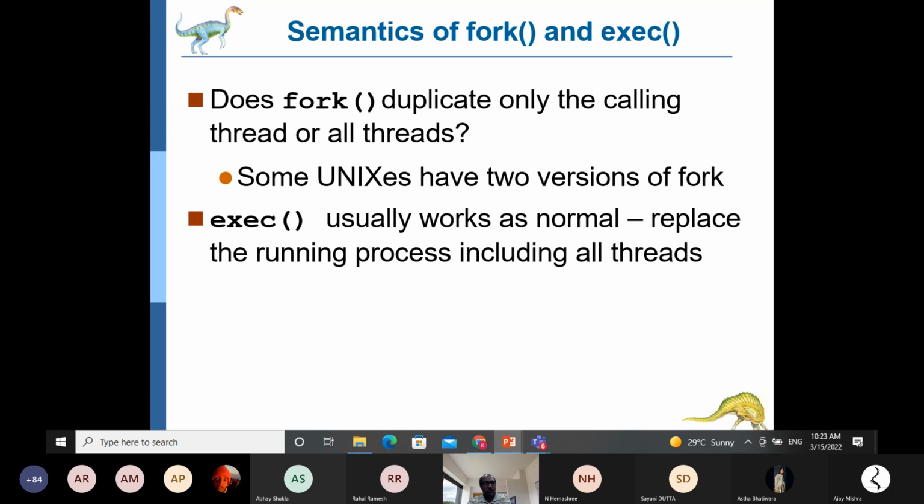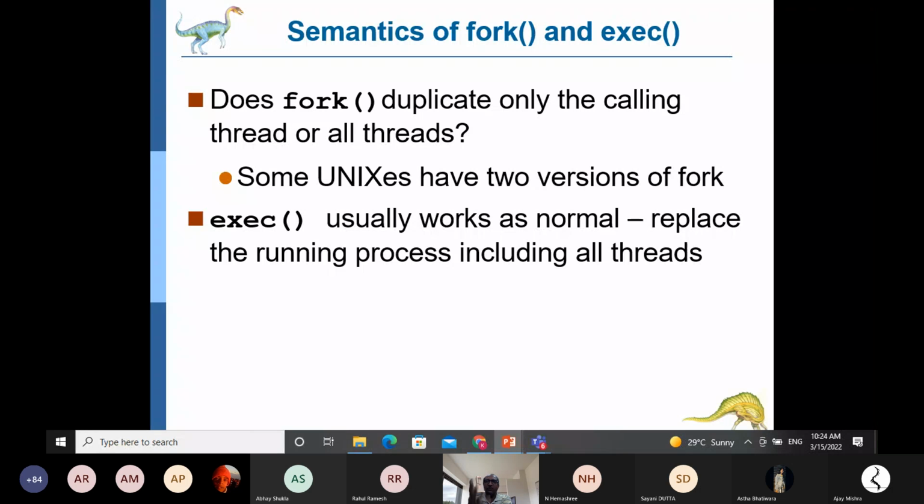So in that case, there is no need to create all the threads of the parent process. It involves a lot of memory space and other resources. Instead, if exec follows the fork system call, fork will take the second option. It means that fork will just create a thread, whatever is involved in implementing this fork.